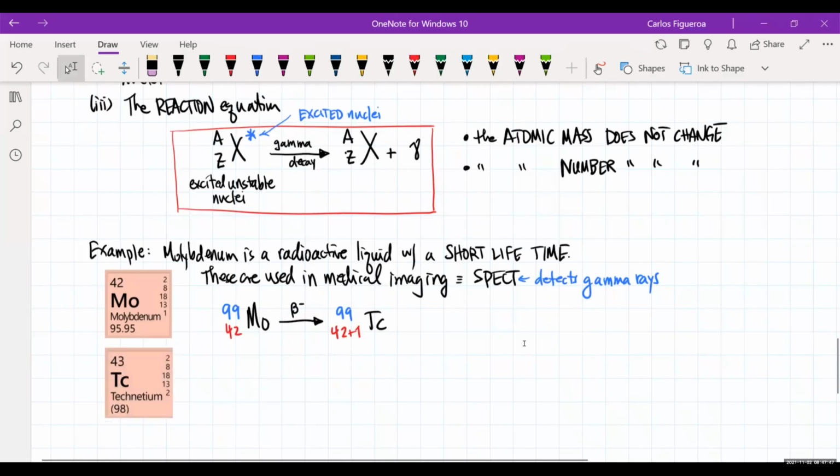So when I look at this, this one is in an excited state. It is left in an excited state.